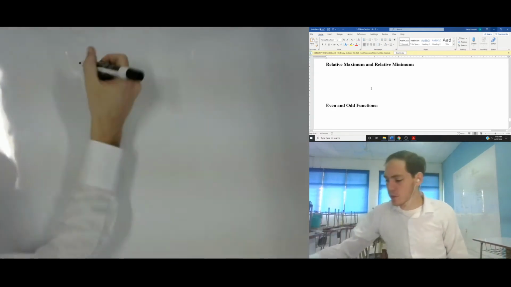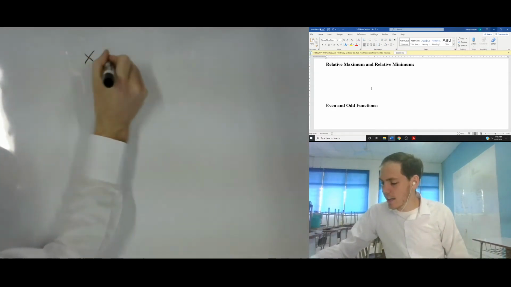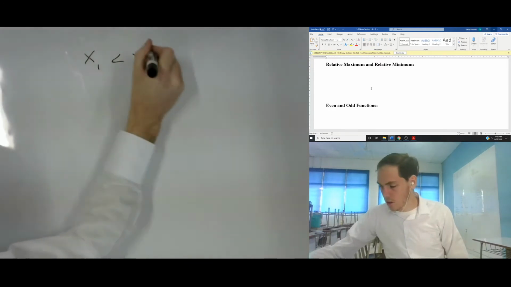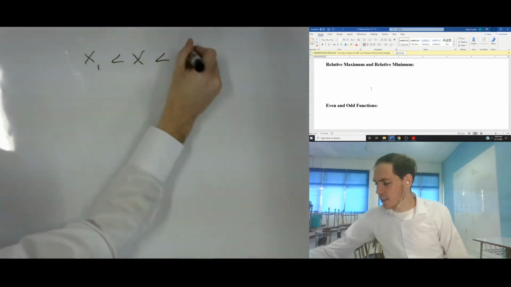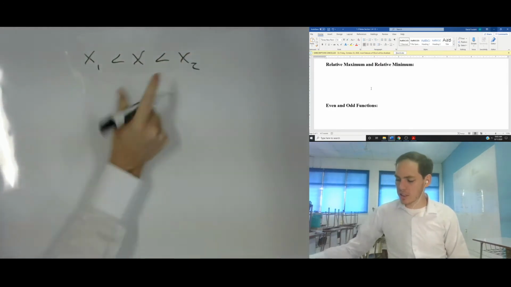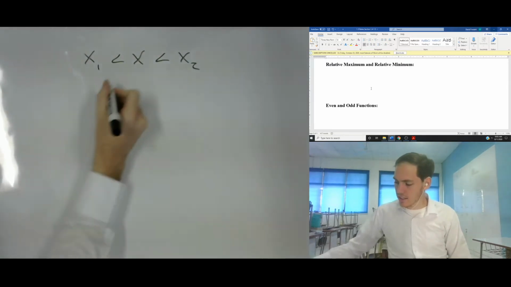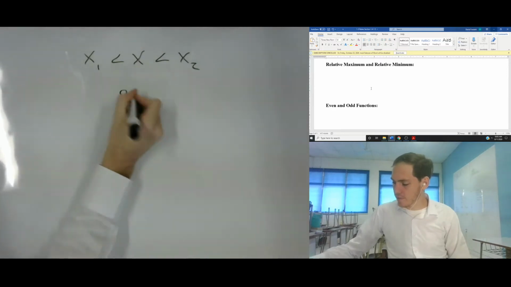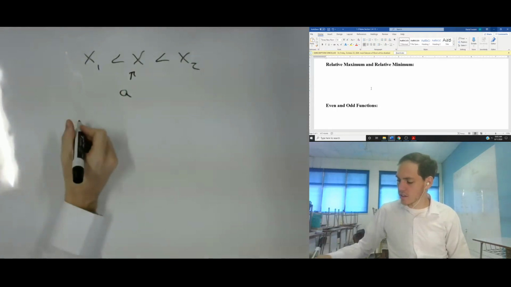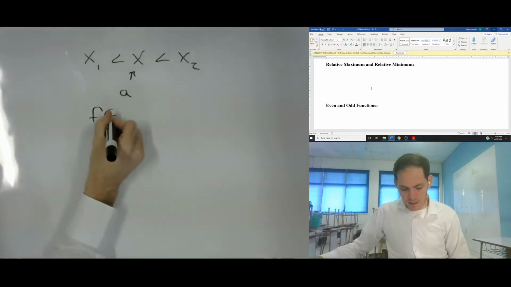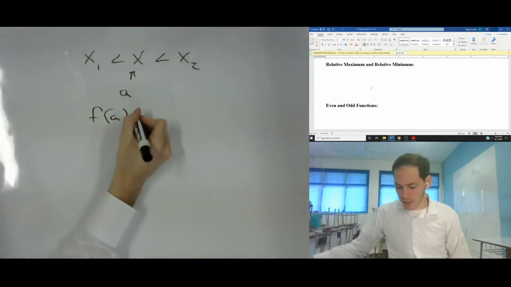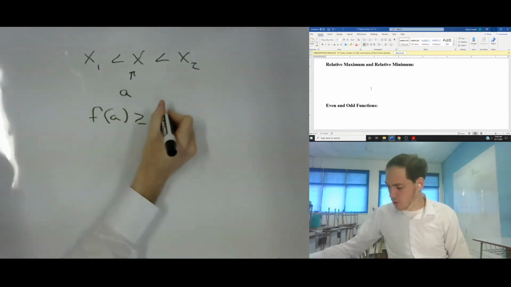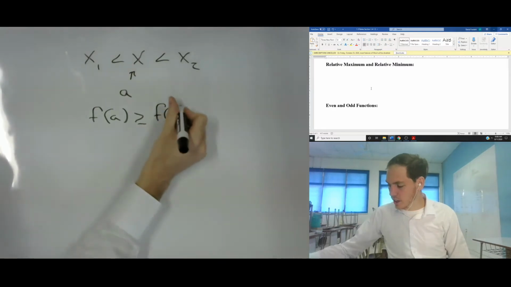Okay, relative maximum. Relative maximum means based on the numbers around it, x1, our x, and x2. So based on the numbers around it, this number right here, this a, f of a is going to be greater than or equal to the f of x around it, okay?